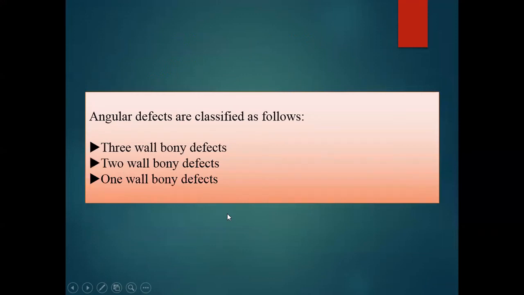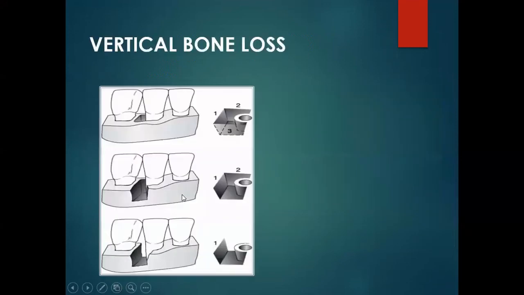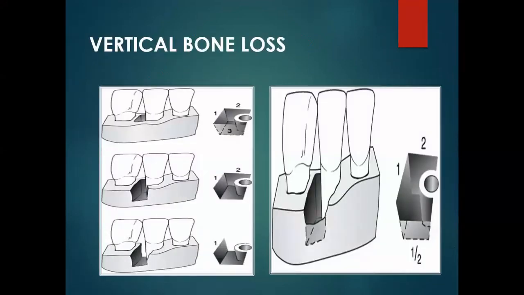This vertical bone defect is classified into three types: three-wall bony defect, two-wall bony defect, and one-wall bony defect. In the picture, this is called a three-wall bony defect, this is a two-wall bony defect, and this is a one-wall defect. In the three-wall defect, three walls are present and one wall is missing.